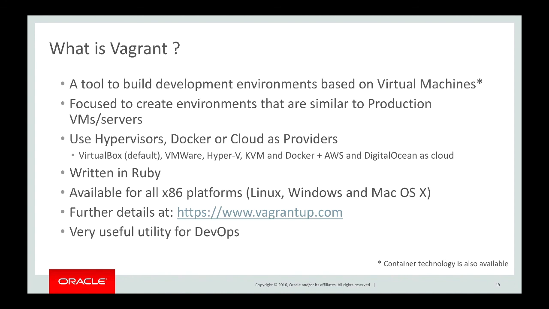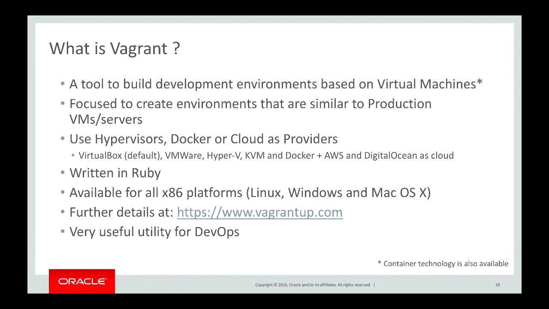Vagrant provides the same easy workflow regardless of your role as a developer, operator, or designer. It leverages a declarative configuration file which describes all your software requirements, packages, operating system configuration, users, and more.